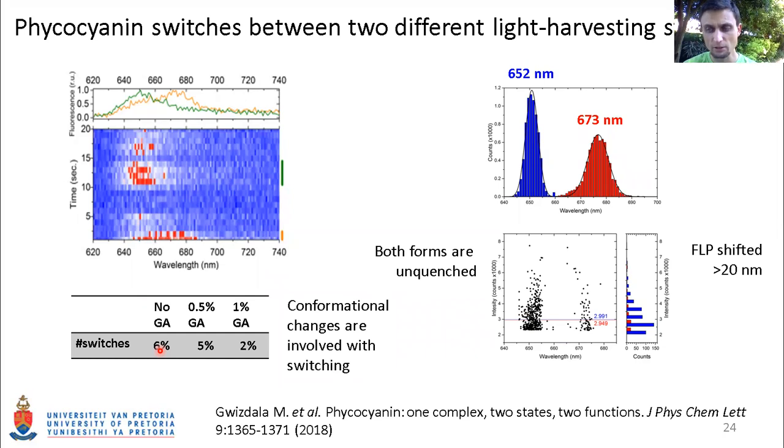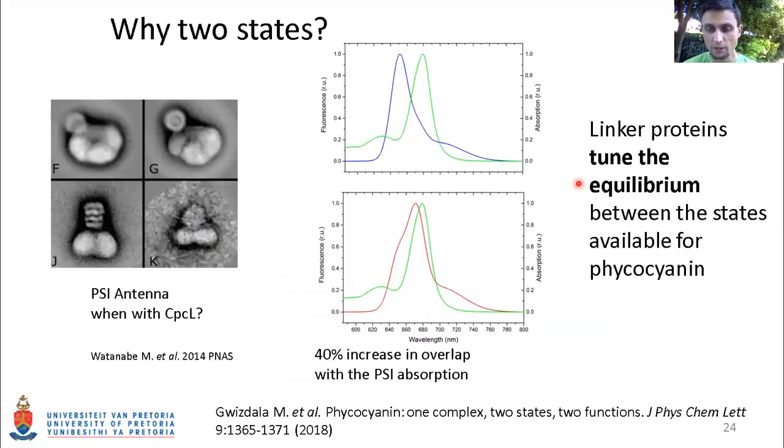So what's the significance of this redder state, which has not been reported before? A few years ago, it was found that in another cyanobacterium species, Anabaena, a rod can bind directly to PS1 via the CpcL linker protein. Here are shown the blue and red emission spectra of the rods, which we have resolved, in comparison with the absorption spectrum of PS1 in green.